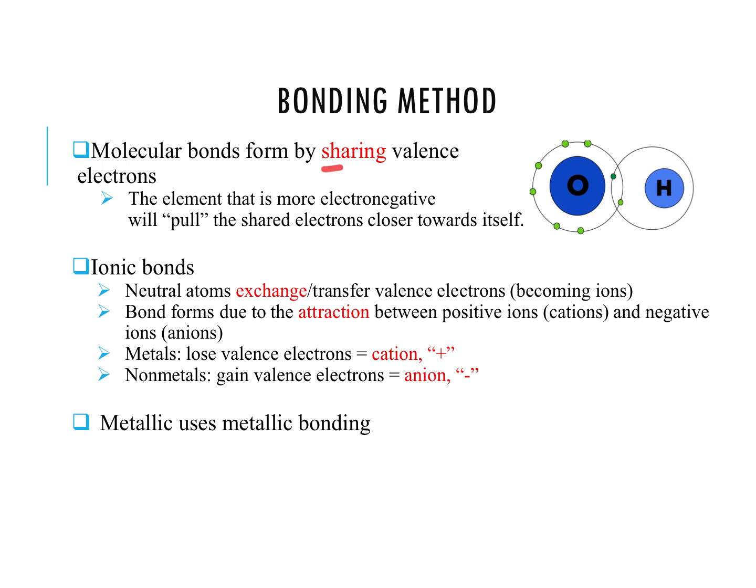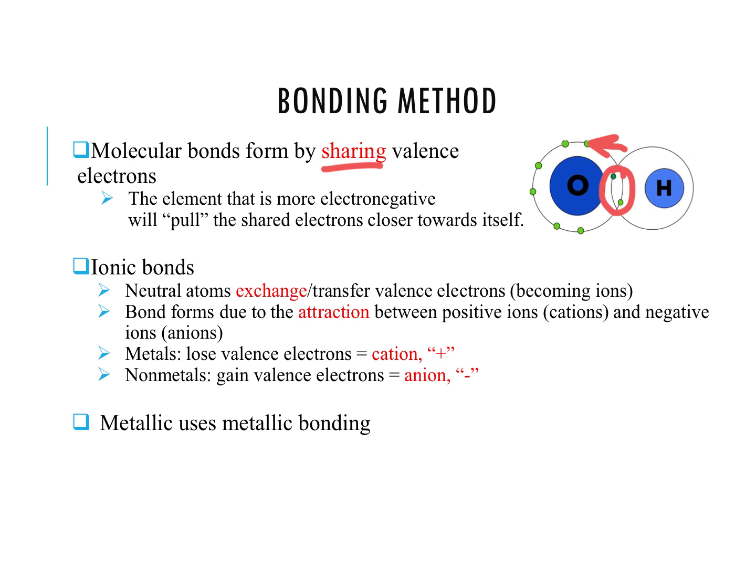Molecular bonds form by sharing valence electrons. The element that is more electronegative will pull the shared electrons closer to itself. So here we see a bond between oxygen and hydrogen, and the electrons are slightly closer to the oxygen because it is more electronegative.